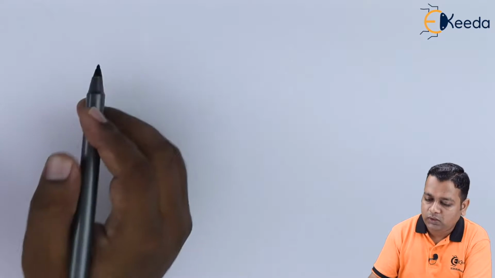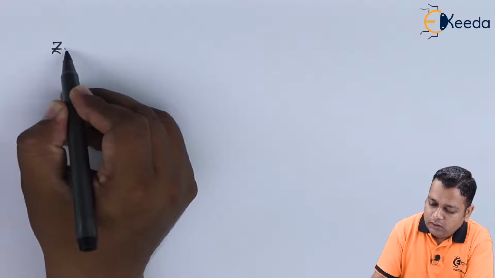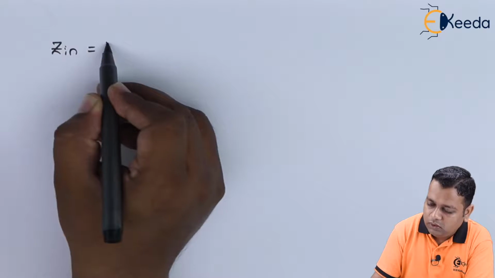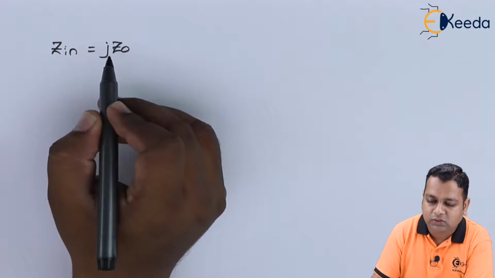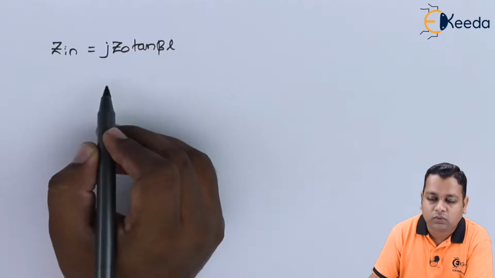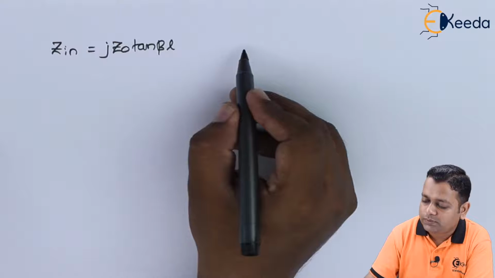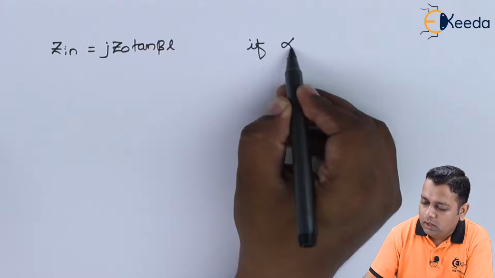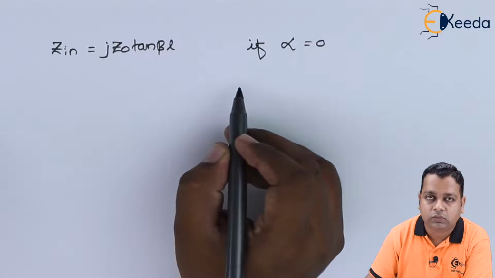which I can give as equation number 1. For this equation, if we substitute alpha equal to 0, we get Zin equal to j times Z0 times tan(beta L).